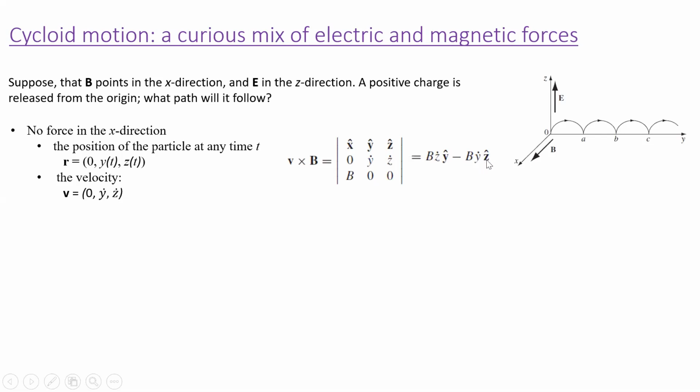Okay, so that's V cross B. It's proportional to B, and it involves the speeds in the y and the z directions.